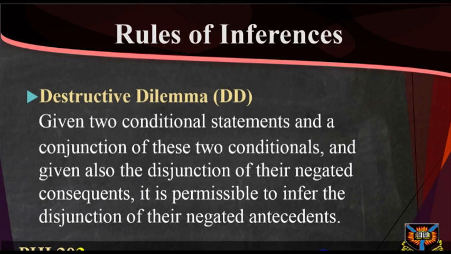Example 1. (A and B) then (A then (D and E)); (A and B) and C. Therefore, D or E. 1.